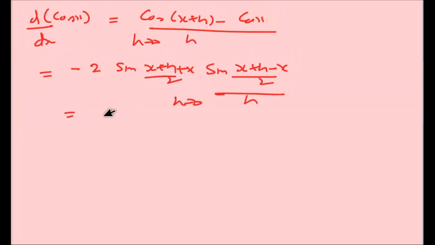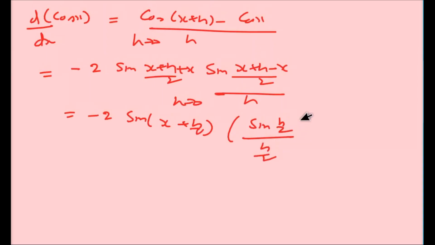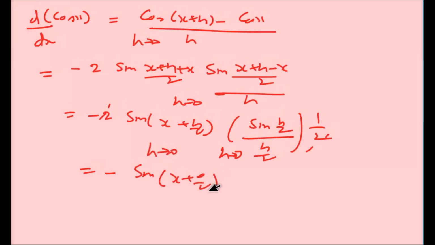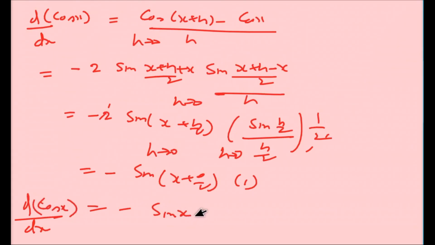So here we are getting minus 2 sin((2x plus h)/2), and sin(h/2) upon h/2, multiplying by 1/2, taking the limit. This 2 is cancelled, minus sin, with the limit sin x, so we are getting minus sin x. So the differentiation of cos x is minus sin x.